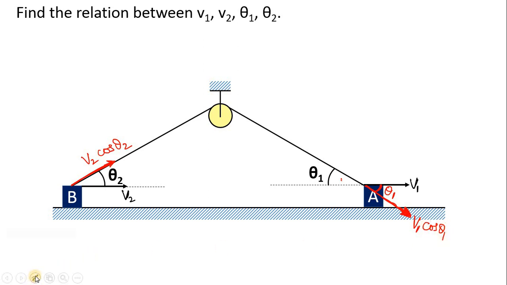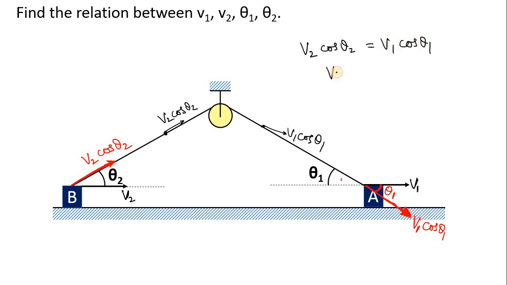Now according to the rules that we studied, every point on the string should have the same velocity. Therefore, any point taken here will have velocity V2 cos theta2, and any point taken on this side will have velocity V1 cos theta1. Therefore, V2 cos theta2 is equal to V1 cos theta1.